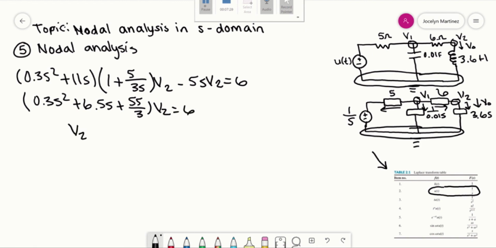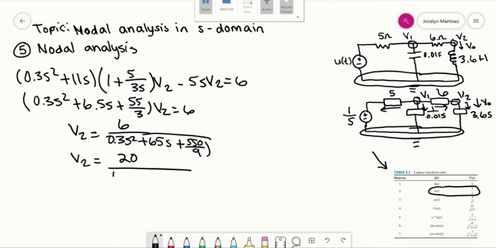Solving for V2, we obtain that it is equal to 6 over 0.3s squared plus 6.5s plus 550 divided by 9. If we pull the 0.3 out of the s squared, we get V2 equals 20 divided by s squared plus 6.5 divided by 0.3 s plus 550 divided by 9.